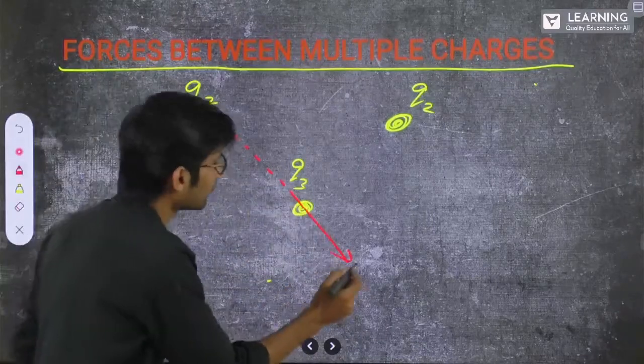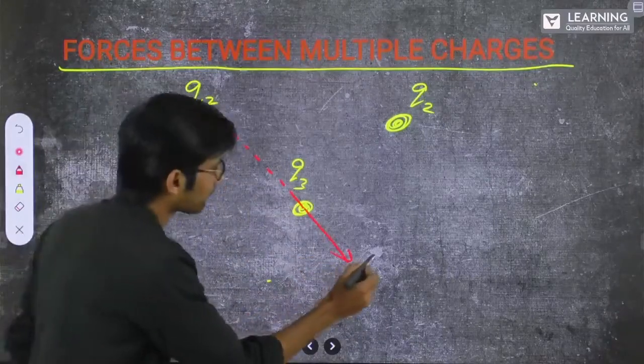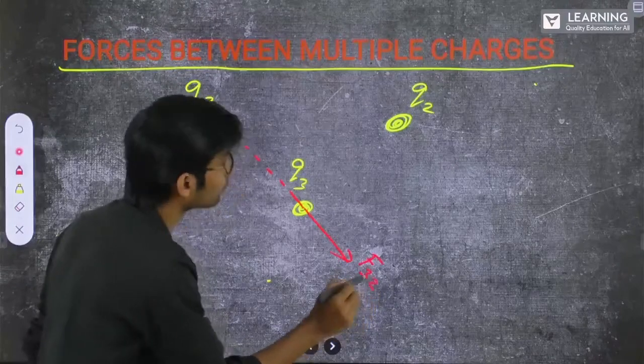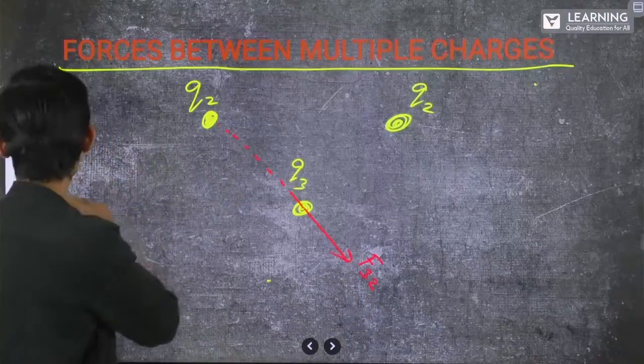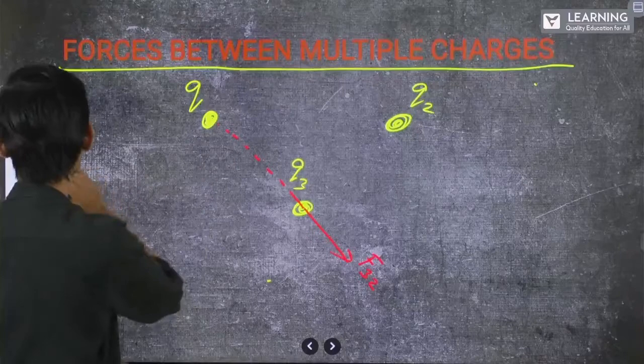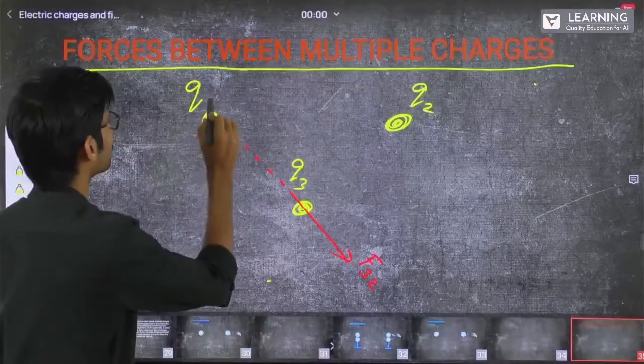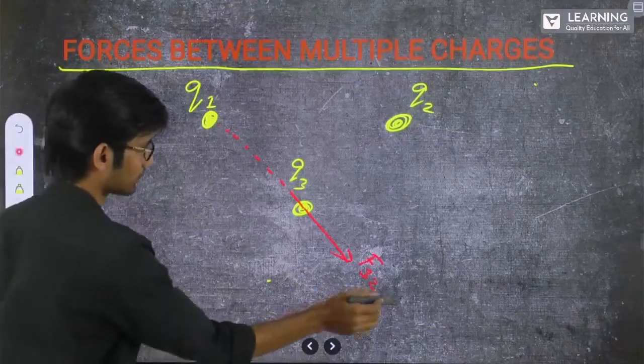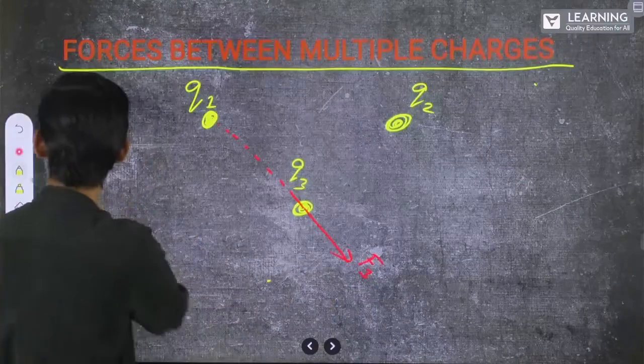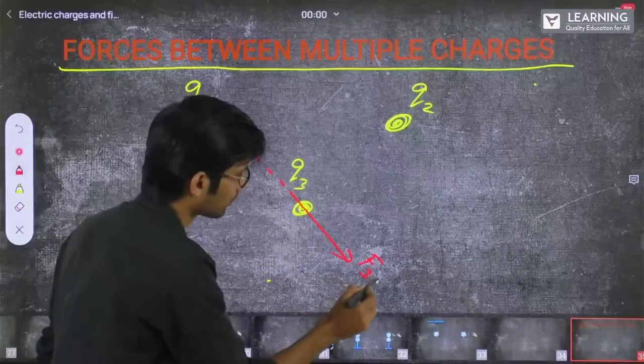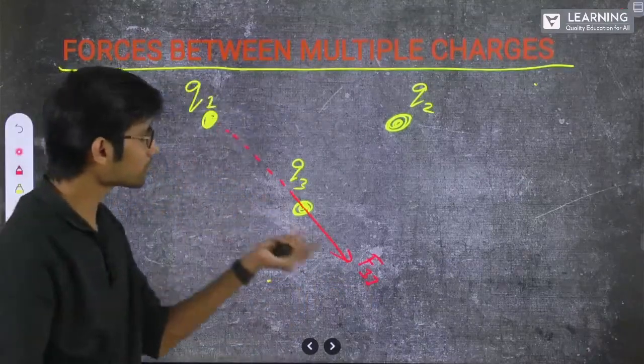And this will be the force on 3 due to 1, F31.